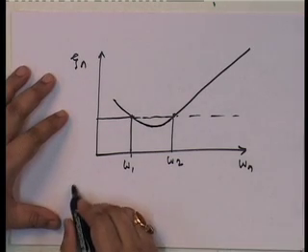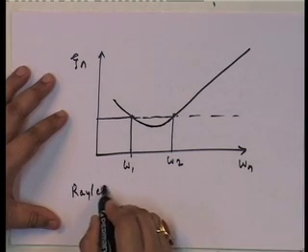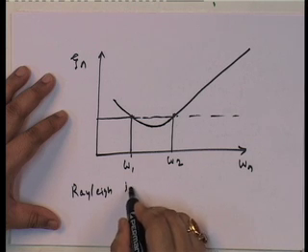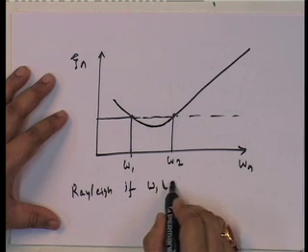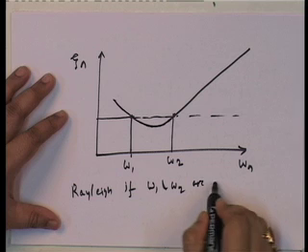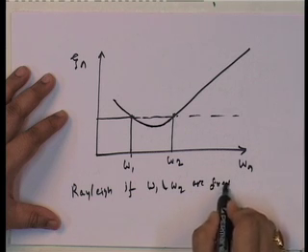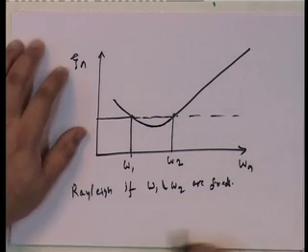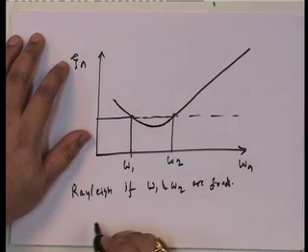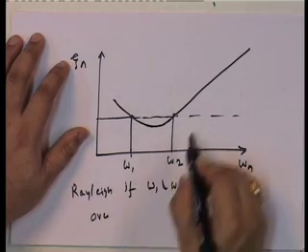So, with Rayleigh damping, if omega 1 and omega 2 are fixed, what happens? We still overestimate.